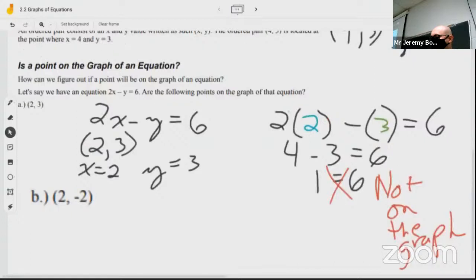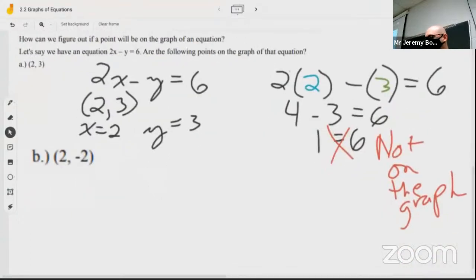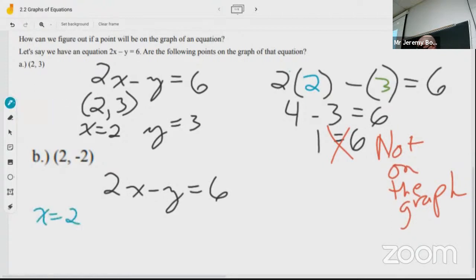What if we have the point? We're doing the same equation, 2x minus y is equal to 6. But they give us a different point. They give us the point 2 comma negative 2. So we're going to do the same thing. We've got an x value of 2 and a y value of negative 2. Let's plug those in.